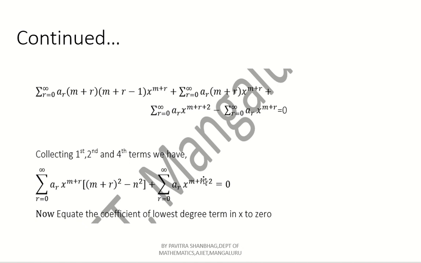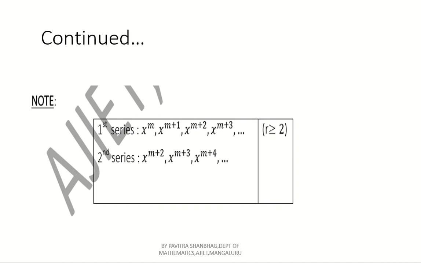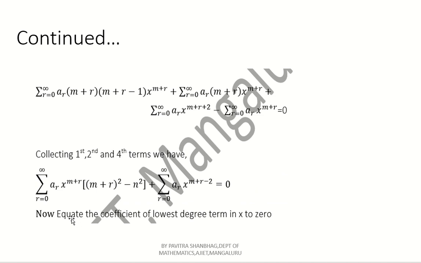So what do we have to do here? What is the lowest degree term in x for the first term as well as the second term? For the first term we are getting x^(m+1), x^(m+2), x^(m+3) and so on. Why? Because put r equal to 0, since it starts from 0 only, we will get x^m.